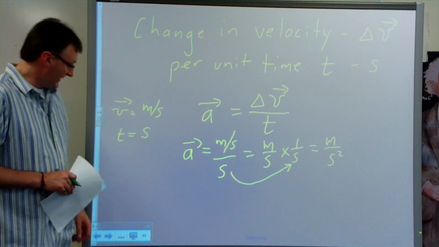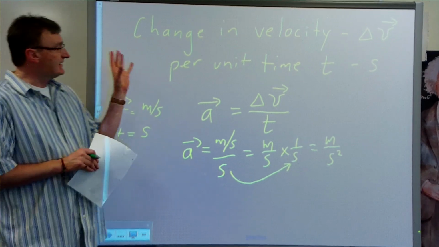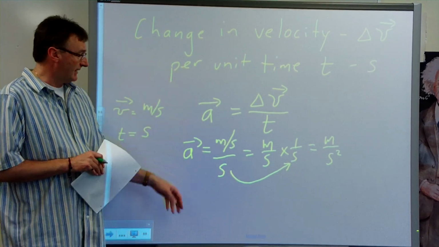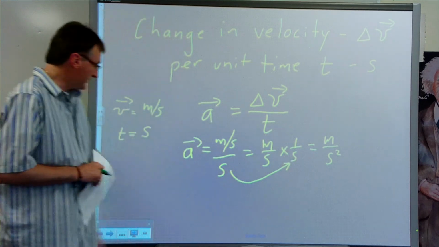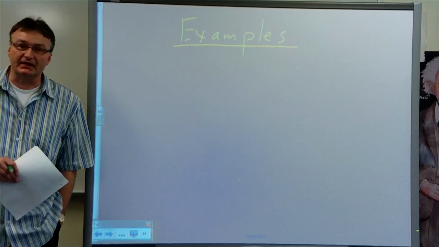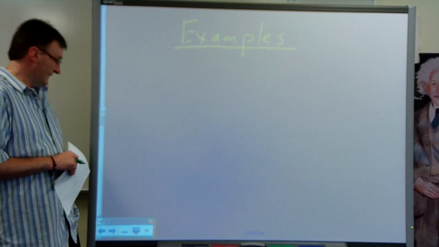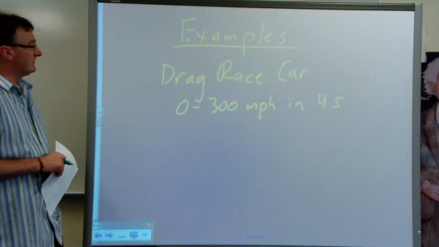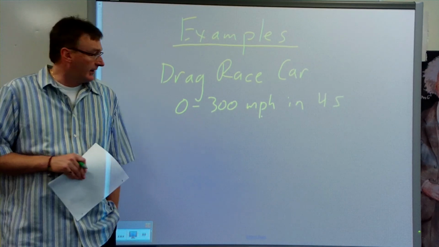So there are our units, and we've had our definition. It's the change of velocity per unit of time, and the units are meters per second squared. So let's look at some examples of things that do have acceleration. First example I'd like to refer to is the drag race car.